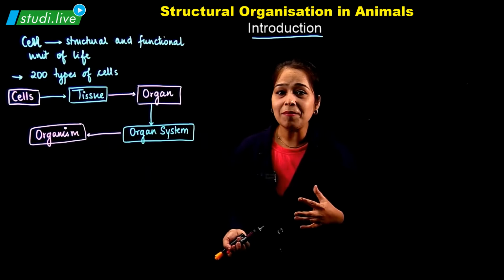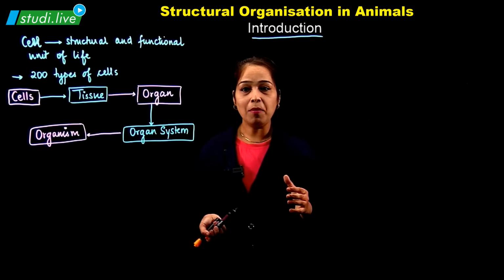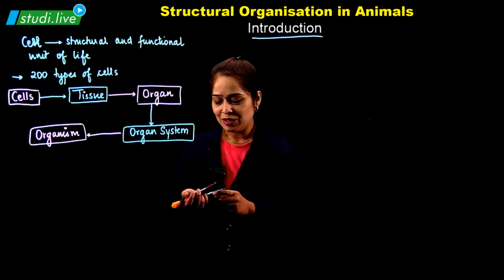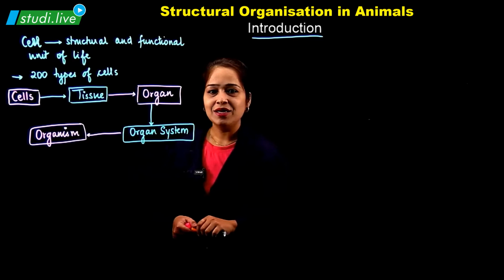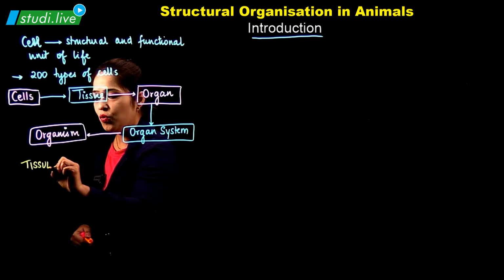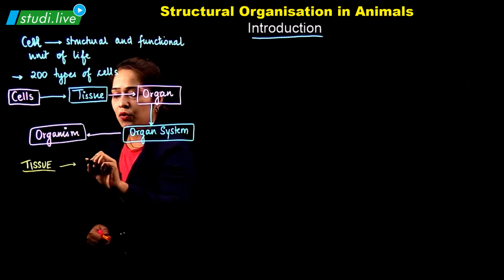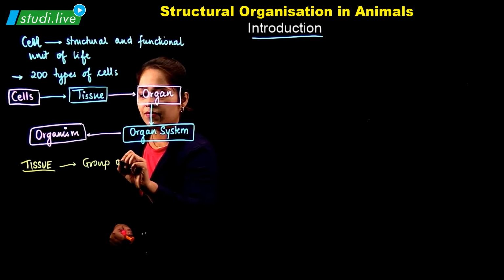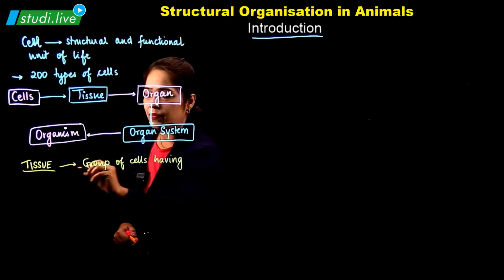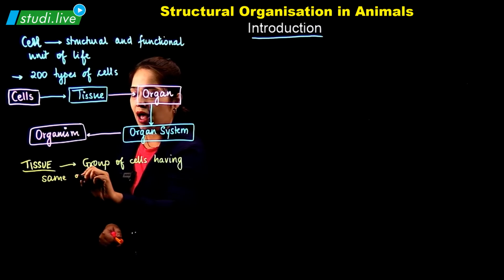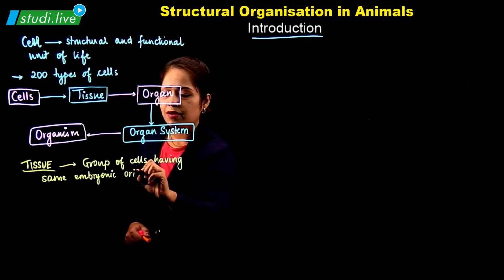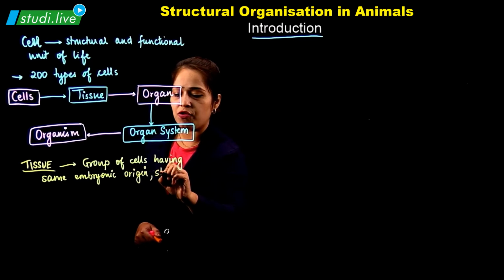In this chapter, we are going to study these groups of cells which together form tissues. So, let us see what tissue is. Tissue is a group of cells having the same embryonic origin, structure and function.